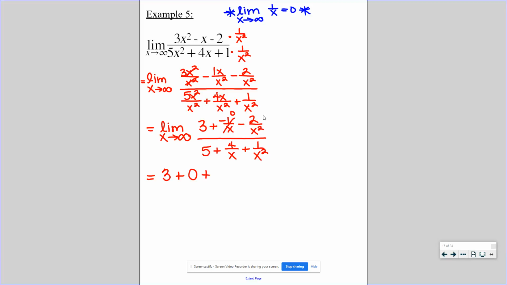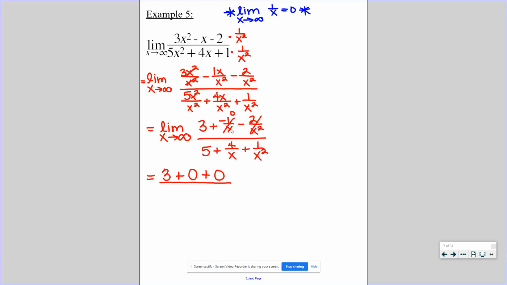Okay, what about the next part? What's the limit as x goes to infinity for 2 over x squared? Well, if you have a really, really big number down here on the bottom and you square it, it gets even bigger. And then you take 2 and you divide by that really big number. Again, you're going to get something that's pretty close to 0.